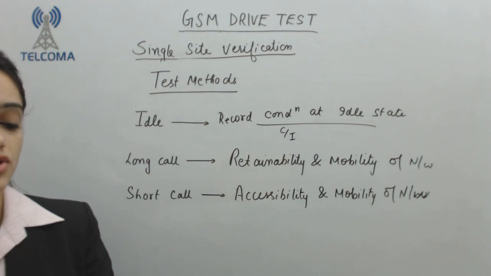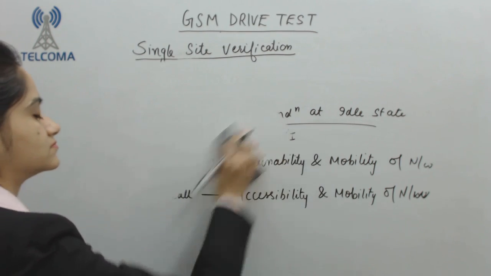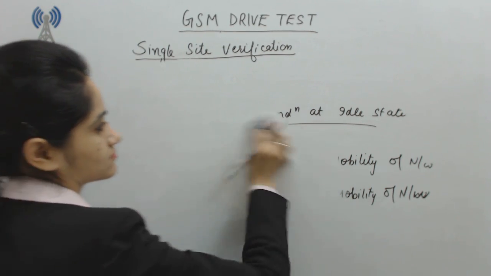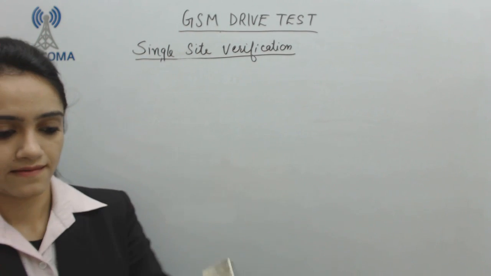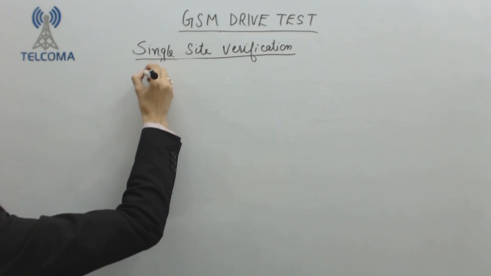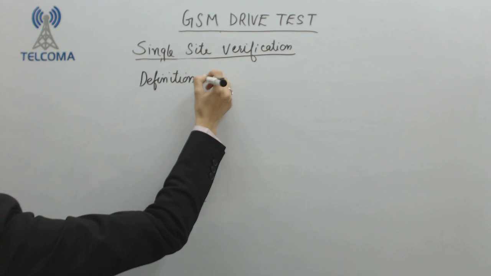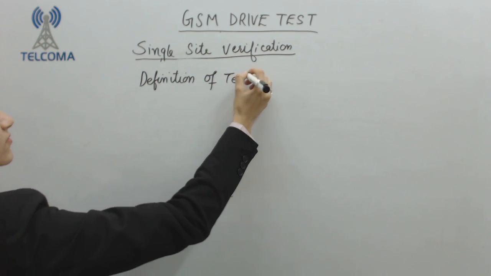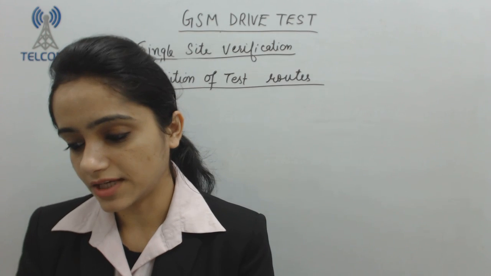Next we have the definition of test routes. So first we will start with urban areas.